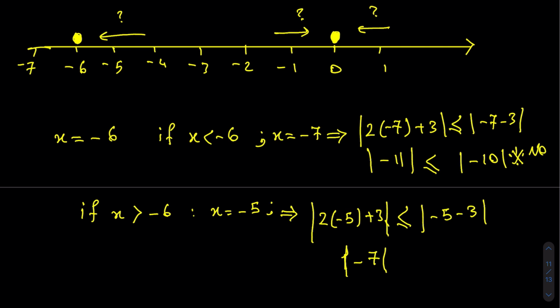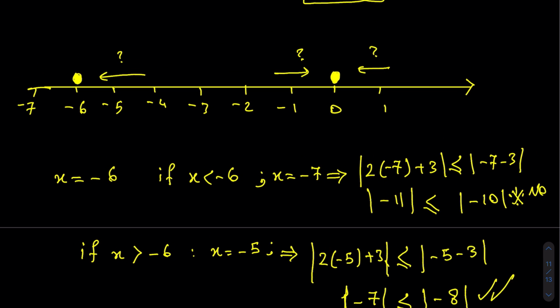Absolute value of -7 is less than absolute value of -8, which is correct. It is not just less than or equal, but it is less than, and it works in the original inequality. So therefore this area belongs to the answer.